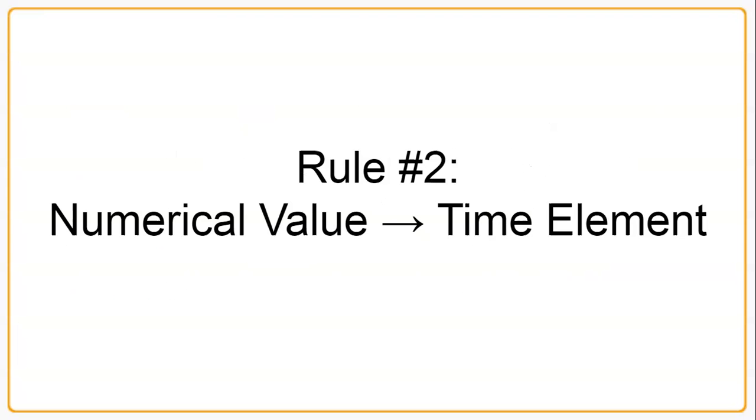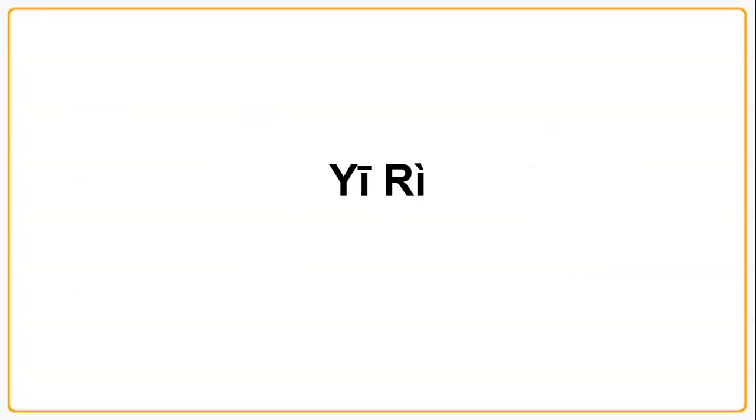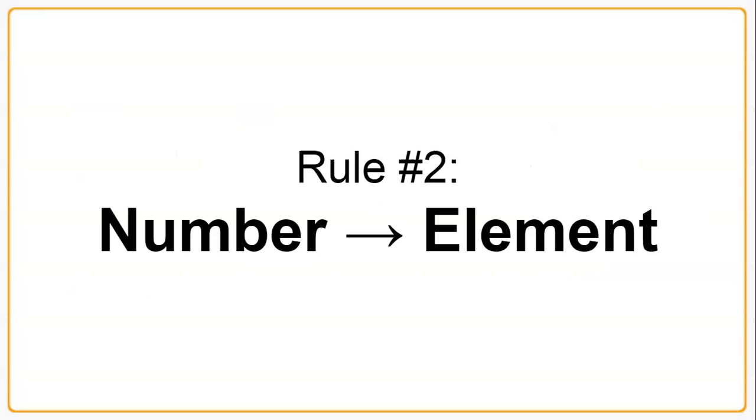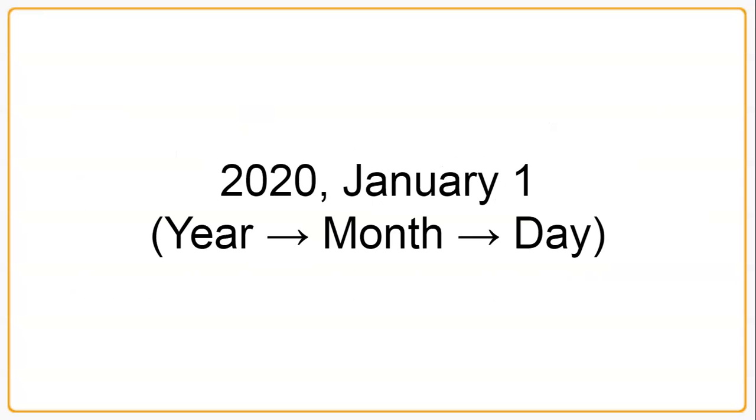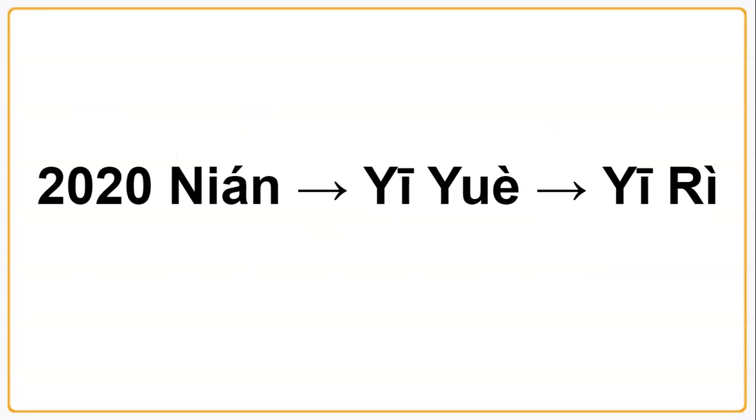Again, following rule number 2, day 1 becomes 1 day, or 一日. So, actually, rule number 2 basically just wants us to mention the number first before the time element. Now, if we put all of this together, our example January 1, 2020 becomes 2020 January 1, or 2020年1月1日.